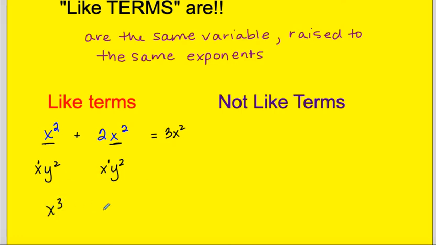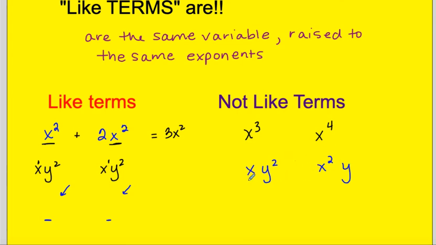But x cubed and x to the fourth, while they are the same variable, are not raised to the same exponent. So those are not like terms, okay? And the same way, xy squared and x squared y are not like terms. Why?